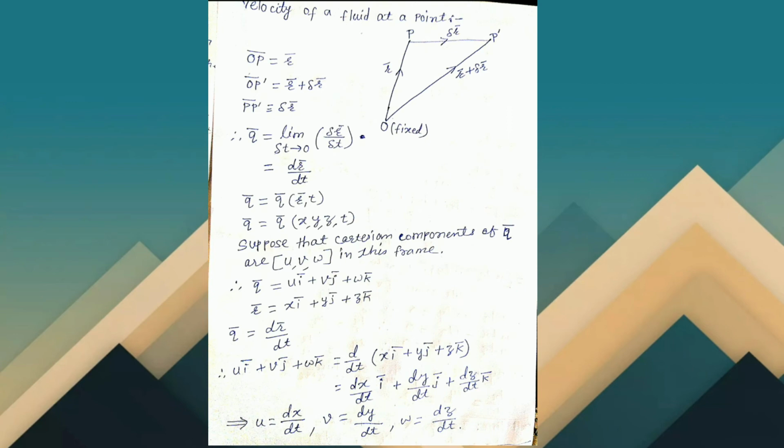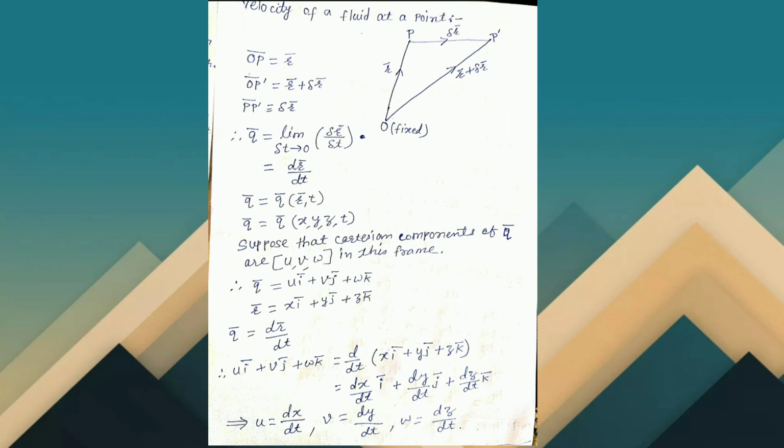Moreover, since r bar is x i bar plus y j bar plus z k bar, the relation q bar is equal to dr bar by dt gives u i bar plus v j bar plus w k bar equal to d by dt of x i bar plus y j bar plus z k bar, which is dx by dt i bar plus dy by dt j bar plus dz by dt k bar.